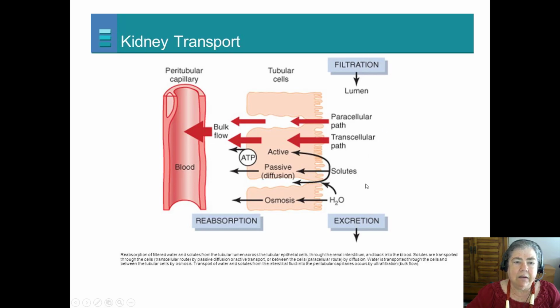So lots of what ends up in the lumen of the tubule from filtration through the fenestrated capillary gets back into the blood through reabsorption. So filtration and reabsorption. What I call secretion in the previous slide is that there are actually some substances that are going to be moved back out of the blood and into the lumen.